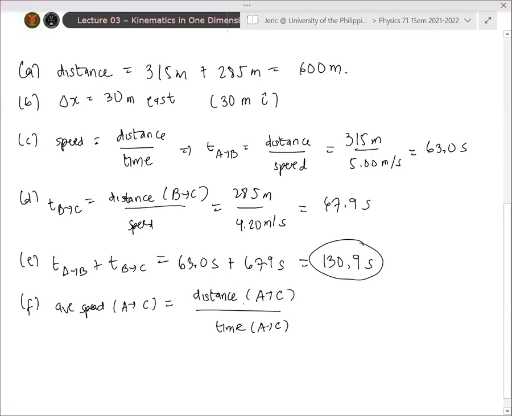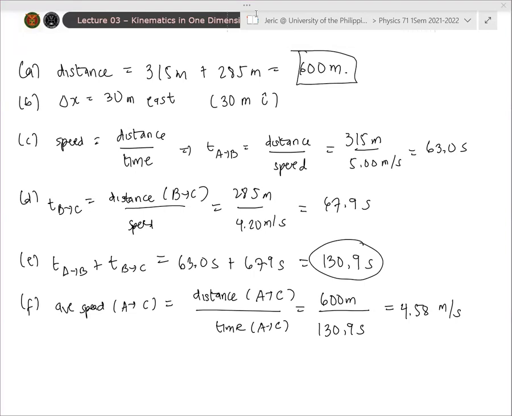I also have your distance here: the total distance traveled is your answer from letter A, which is 600 meters. I'll use that result. 600 meters over 130.9 seconds. And by doing so, I get 4.58 meters per second. Okay? Questions?